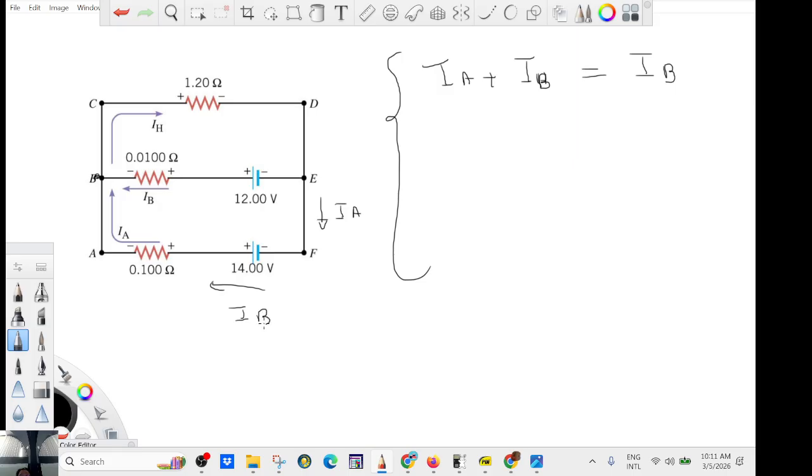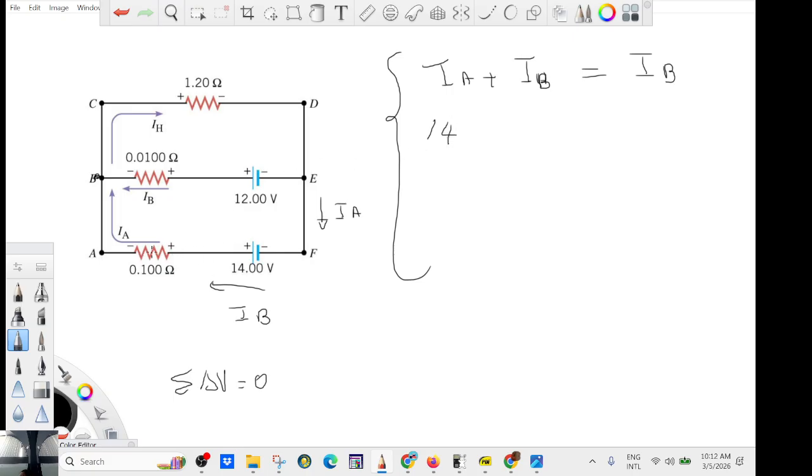I'm going to go around, and I know that the sum of all the voltage drops has to be equal to 0. Okay, so let's start from here. You go 14 volts and the current is going this way because it goes from the plus. So from minus to plus, do you drop or do you rise? You rise, very good. So it's going to be 14.